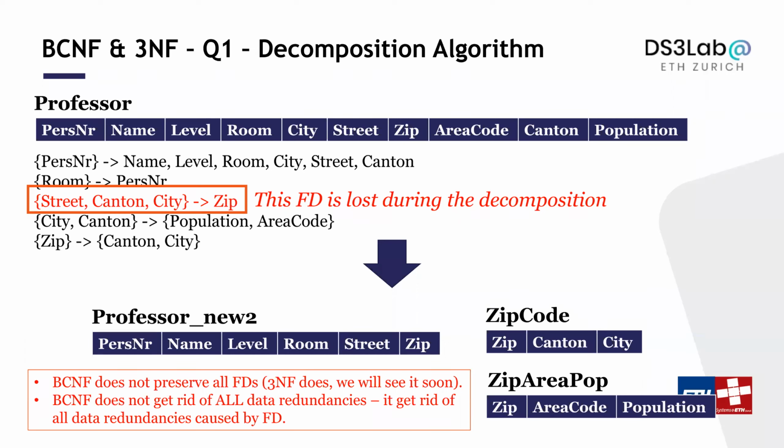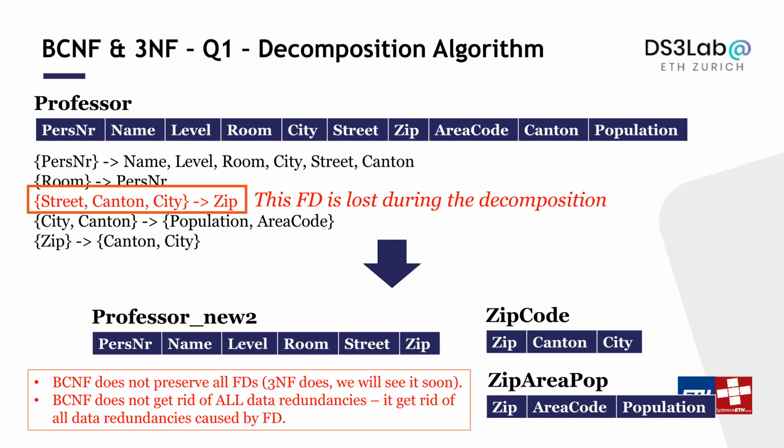Another thing we want to understand is that BCNF does not get rid of all data redundancies, as we will see. It gets rid of all data redundancies caused by functional dependencies. But there are other types of dependencies, not functional dependencies, that cause other types of redundancies, and we are going to see that at the end of this lecture.